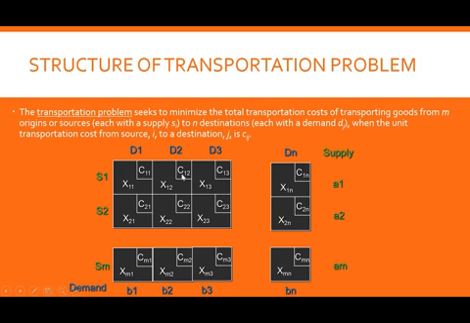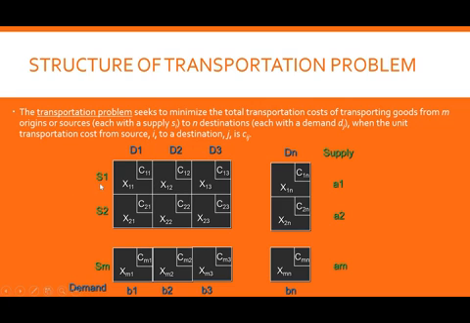See, this cost represents the cost of moving 1 unit. But how many units you are transporting, right? How many units you are transporting, that decides the total cost. Okay. So your Xij is the quantity of the goods you are transporting.